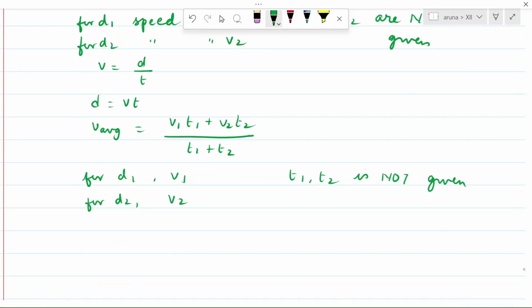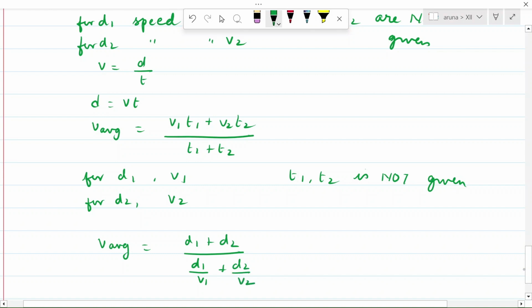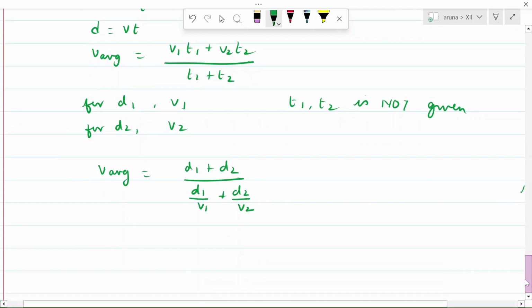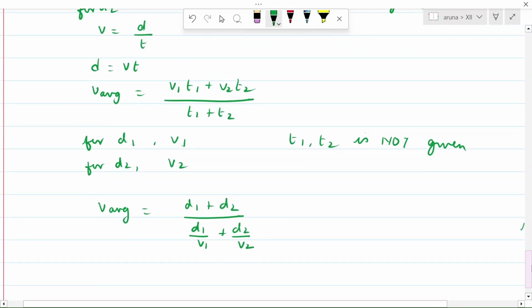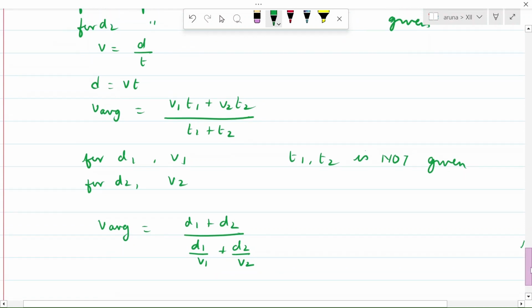Again we go by the same expression. d1 and d2 is given, but time is not there. Time will be then given as d1 upon v1 plus d2 upon v2. Right? So any of these methods you can use, but this is just to get you familiarized with the method. But once you do the questions, things will become more clear.